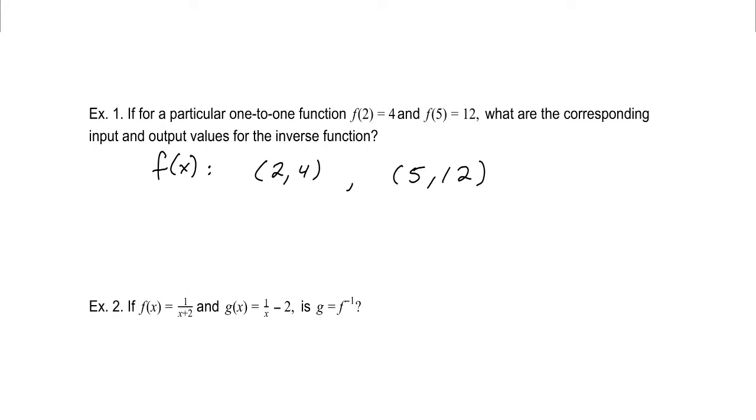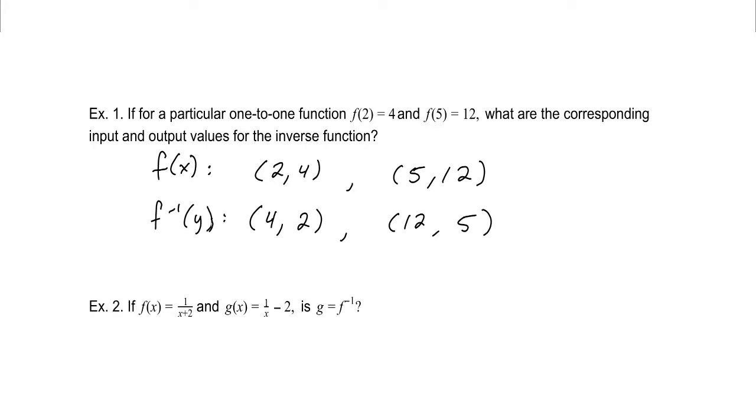Because the inverse is going to exchange the inputs and the outputs, for f inverse of y, if the input is 4, then the output is 2, and if the input is 12, the output is 5.